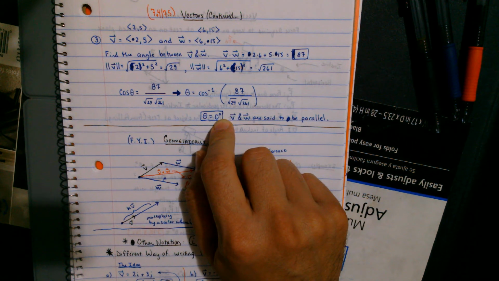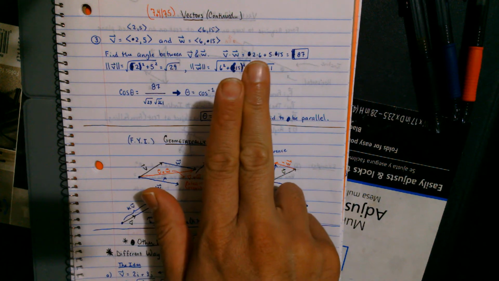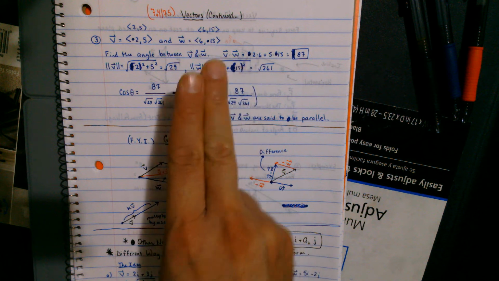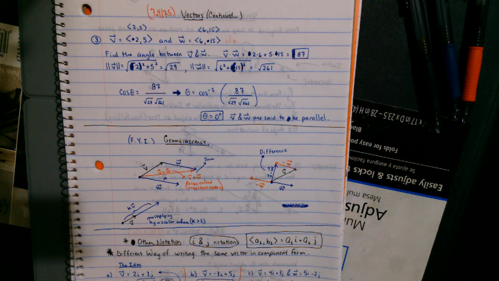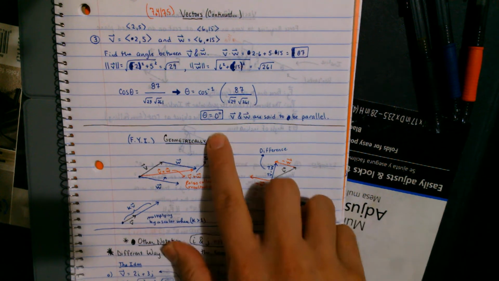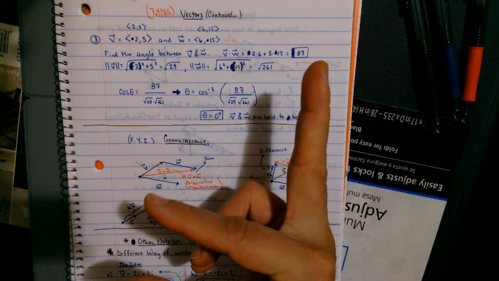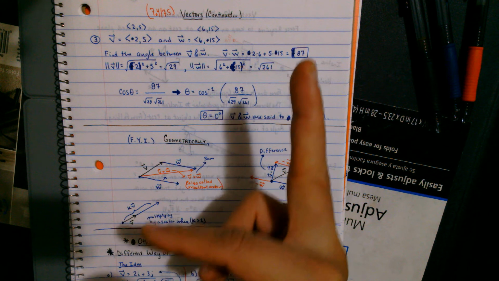So if the angle between them is 0, they're said to be parallel. In other words, they're on top of each other. There's no angle between them. They're the same vector. They're parallel. They run next to each other. So parallel and orthogonal. So if theta is 0, they're parallel. If theta is 90, they're perpendicular, or we call it orthogonal.